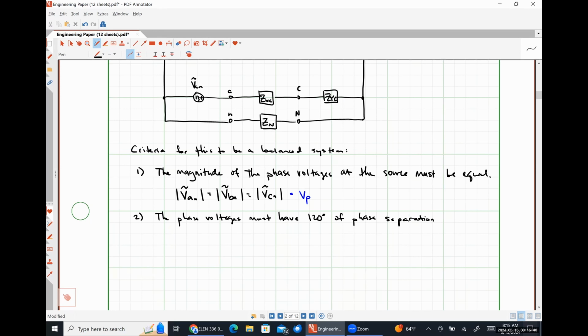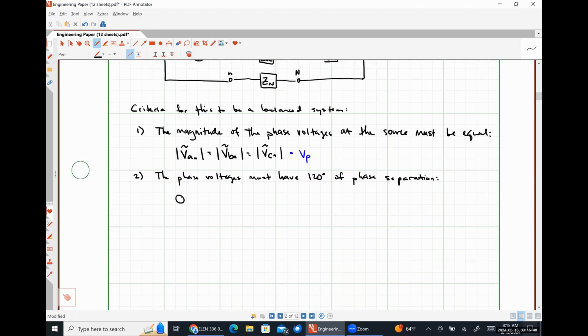Well, that's supposed to be an A. So that means our angle theta BN must be theta AN minus 120 degrees. I'm going to put minus here explicitly because we are only going to be dealing with positive phase sequence sources in this class. However, realistically, the minus sign that you see here could be a plus or minus sign, where if it's positive 120 degrees, it just means that we're dealing with a negative phase sequence source.